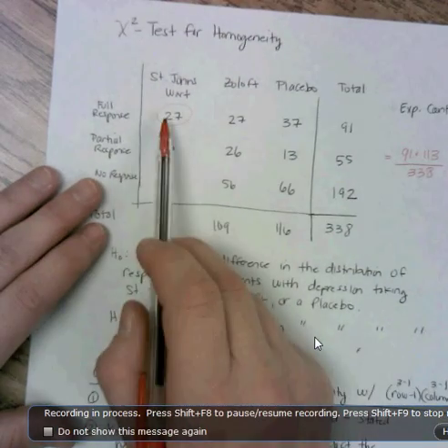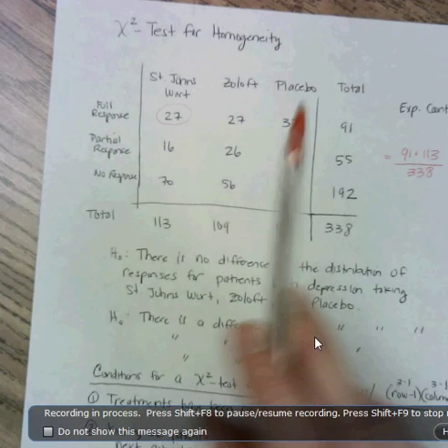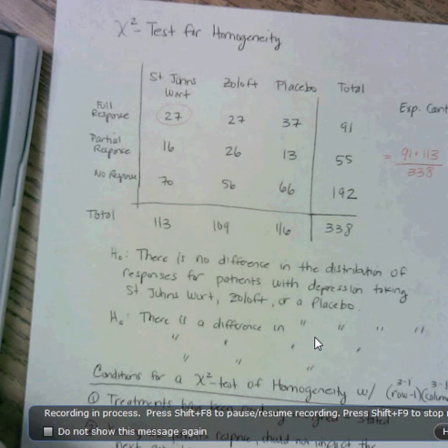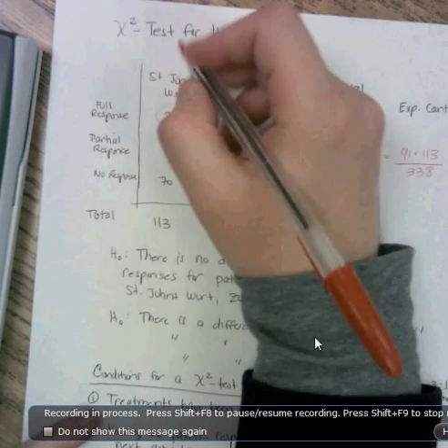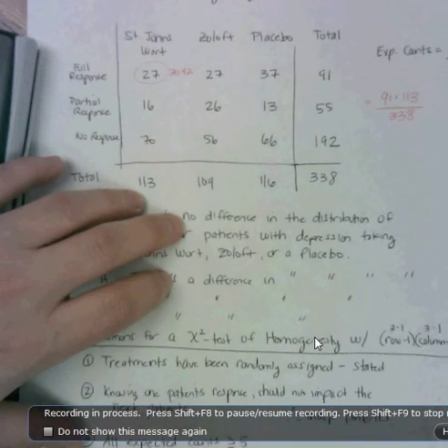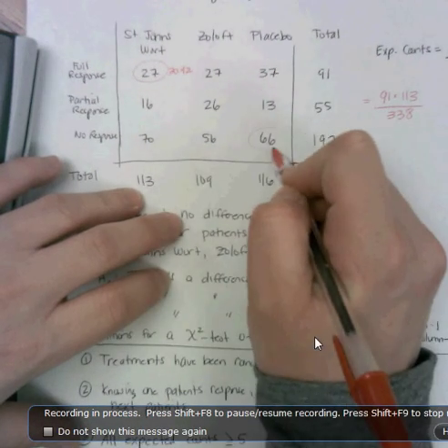So for 27, you guys see row total times column total over total. And if I go just to do that in my calculator, 91 times 113 divided by 338 will give me 30.42. Okay, let's do the 66 one, so like right here.